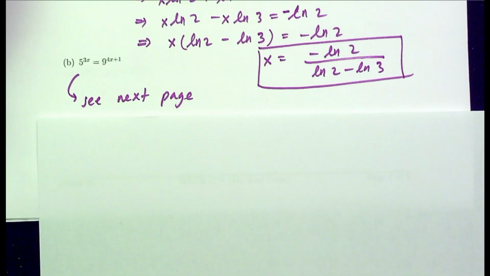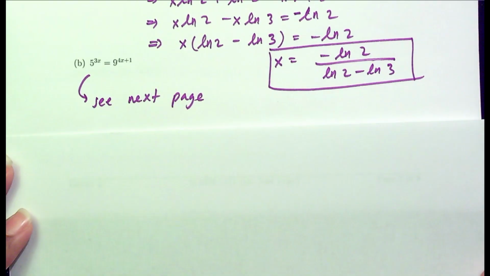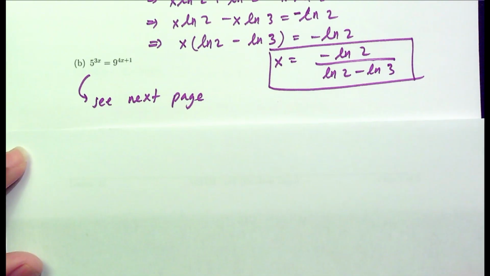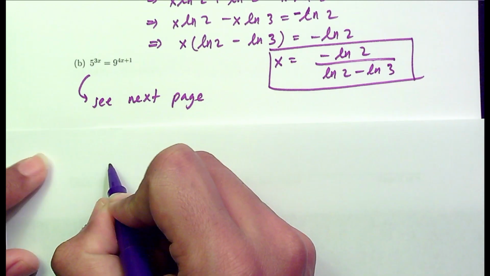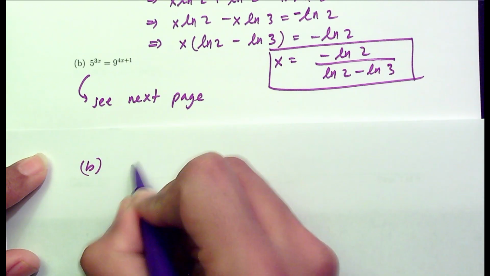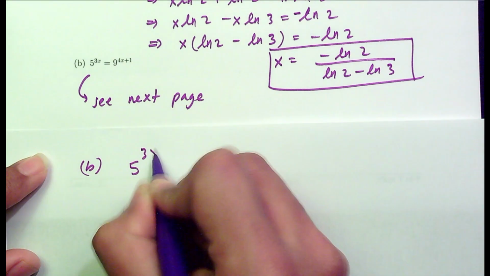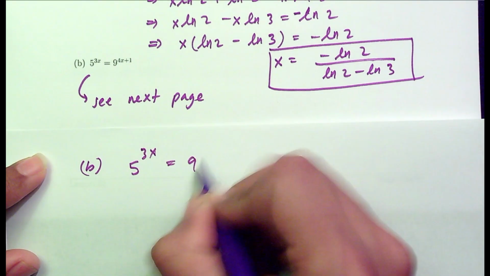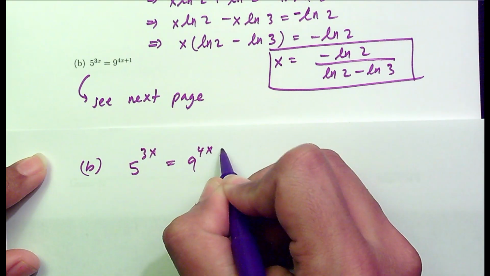Okay. All right, now let me copy that here. 5 to the 3x equals 9 to the 4x plus 1.